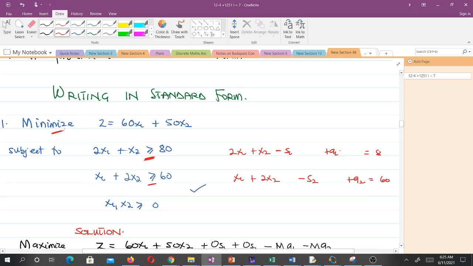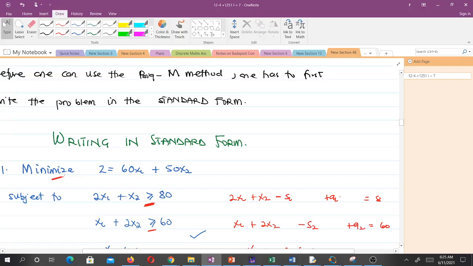All right, so now we will have x1, x2, s1, s2 greater than or equal to 0, and then the objective function now becomes minimize z equals 60x1 plus 50x2 plus 0s1 plus 0s2, because s1 and s2 are surplus variables, and the surplus variables and the slack variables, all of them, have zero contribution to the objective function.